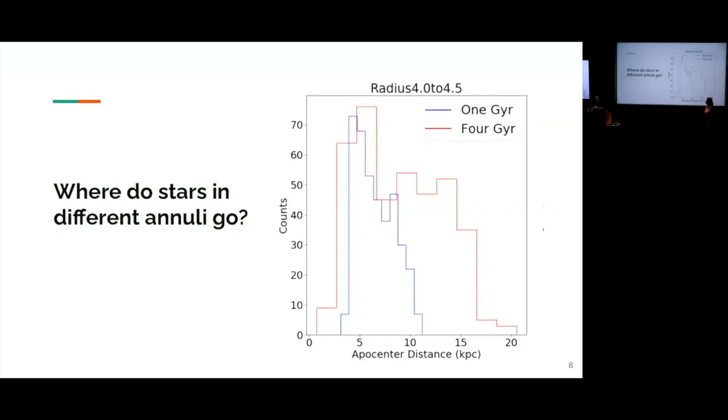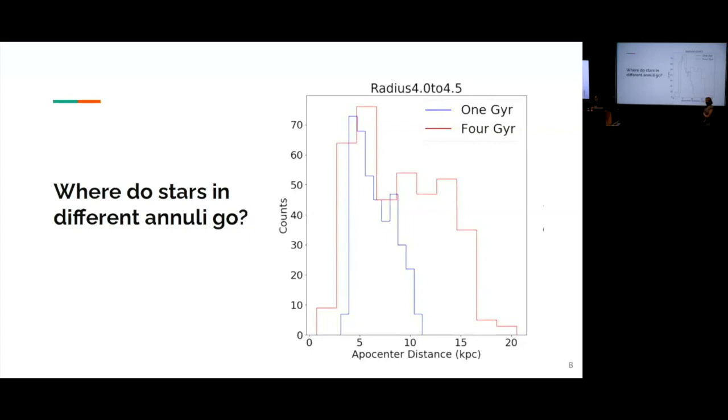Yeah, I do want to say that it looks different for each annuli. It's not necessarily always the case that you're going to be moving out. From 4 kpc out, it generally does predominantly move out. I don't have a great observational response yet for what I would expect from the metallicity distribution.